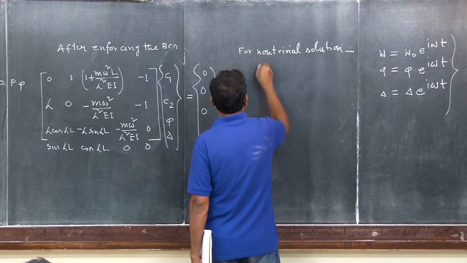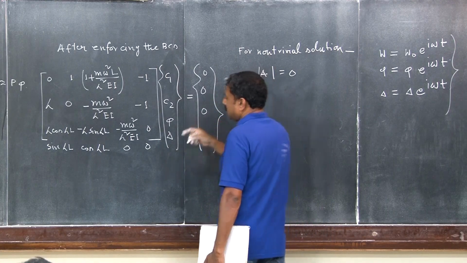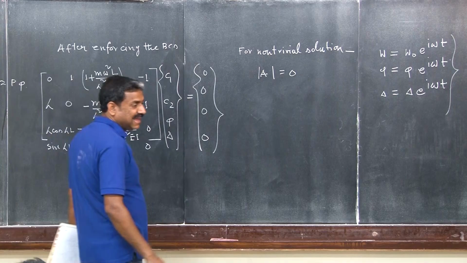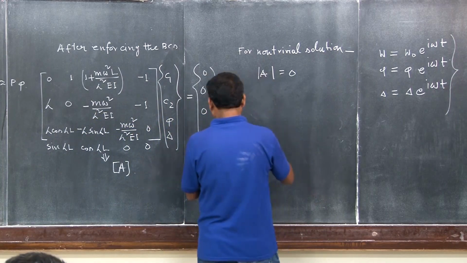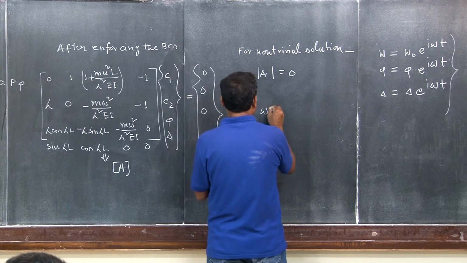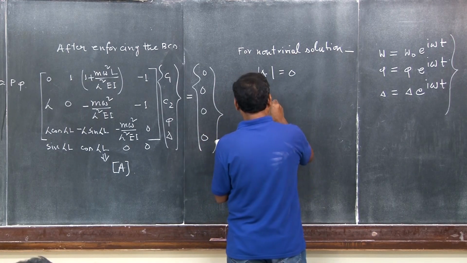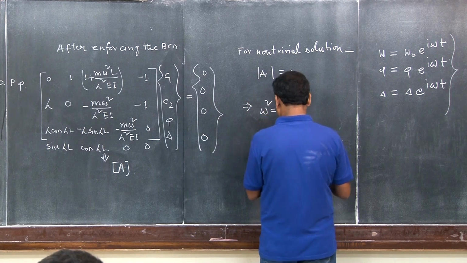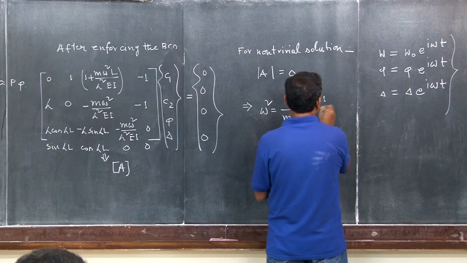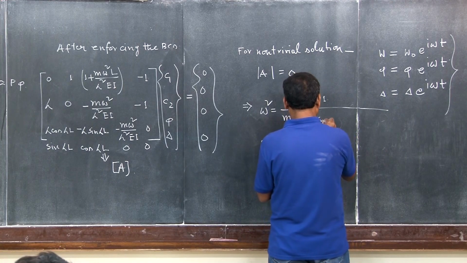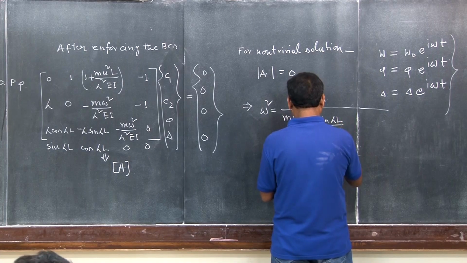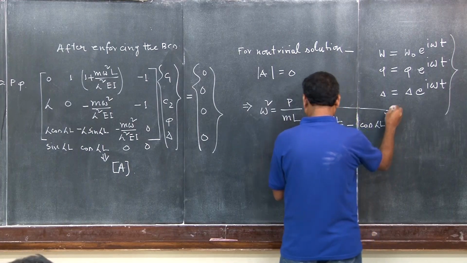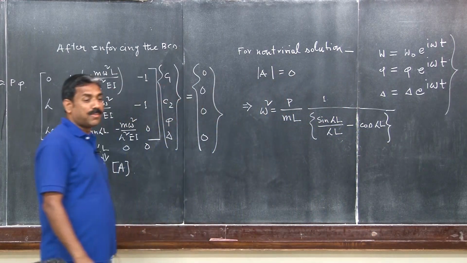The determinant of A, I am assuming this is matrix A, needs to be 0, and if you solve it, I am just directly writing this, you will see omega square is P by small m L, 1 divided by sine lambda L divided by lambda L minus cosine of lambda L. That is the value of omega square.